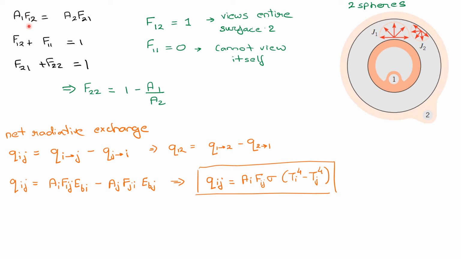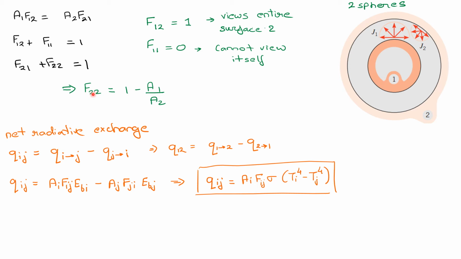Okay, so we use reciprocity, and by reciprocity we get A1 into F12 equals A2 into F21. By the summation rule we have F12 plus F11 equal to 1, and F21 plus F22 equals 1. Now keep in mind that F11 will be 0 because this is a convex surface and there is no way in which radiation emitted from 1 will land on 1 again.